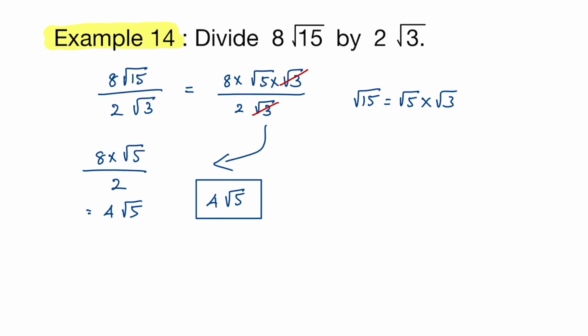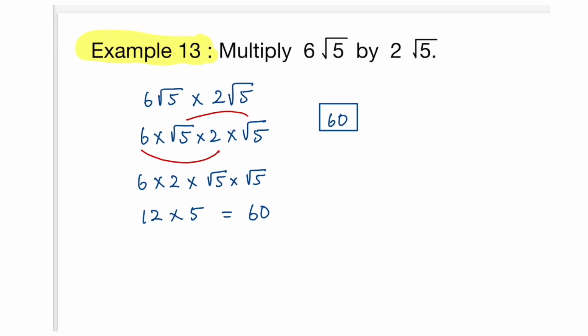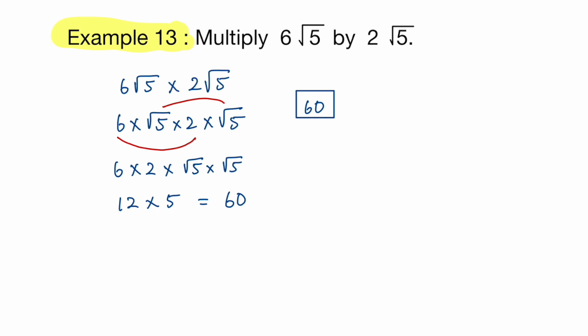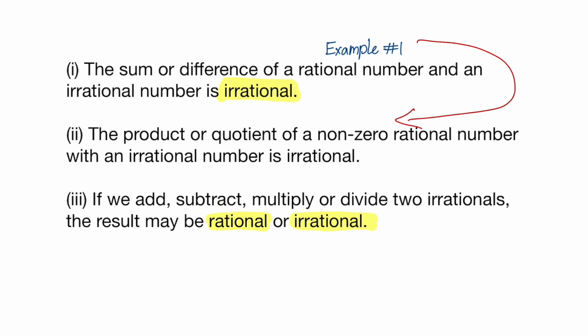These two are irrational numbers, but their division is also irrational here. Okay, but in the previous case we have two irrational numbers, 6 root 5 and 2 root 5, and their product gives you a rational number, 60, right? So by this they are telling that it can either be rational or irrational. So we have found that these can be rational or irrational in case of multiplication and division of two irrational numbers.